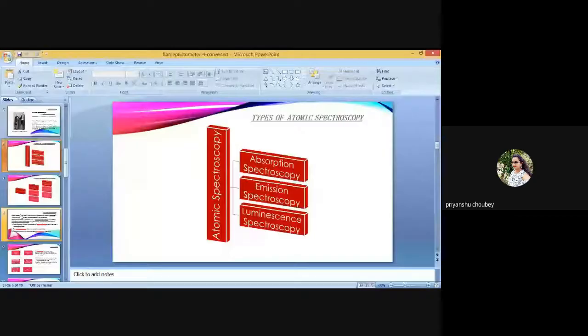Align the hollow cathode lamp of the element to be analyzed with the optical path of the instrument by rotating the lamp turret.